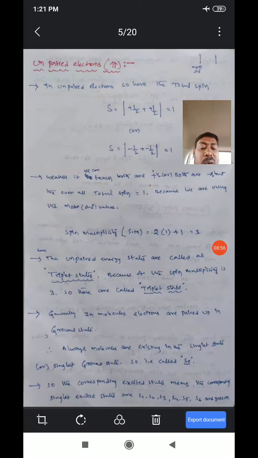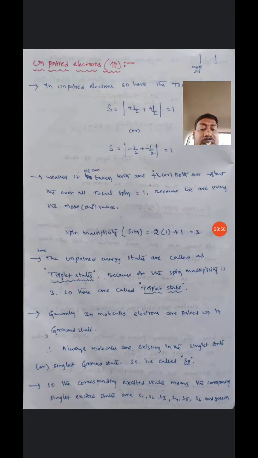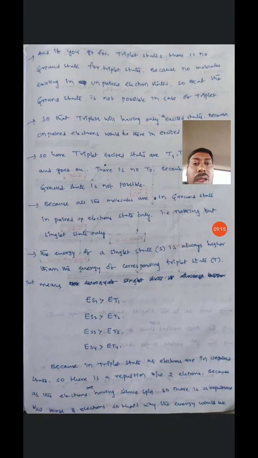The corresponding singlet excited states are S1, S2, S3, S4, S5, S6 and so on. And if you go for triplet states, there is no ground state.